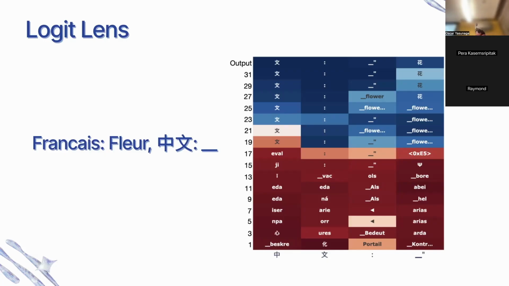And what was interesting is that if you're going to translate from French to Chinese, you can see that the tokens on the far right side always translate first to English. Is this expected? Did you expect this? I definitely did not expect this.